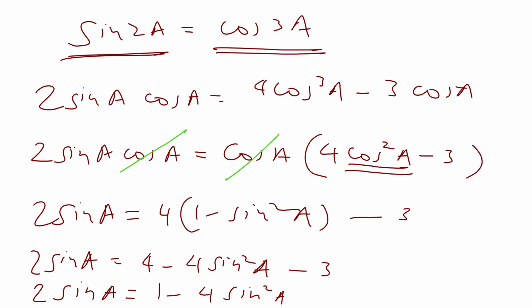Now this is quadratic. Take all the terms on the left hand side. So it will be 4 sin square A plus 2 sin A minus 1 equal to 0.